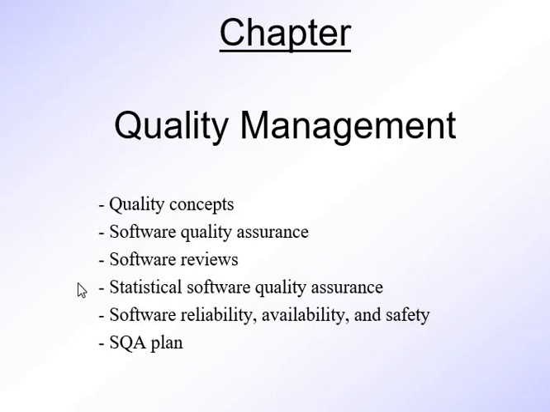The second phase was the modeling, like software designing. We have gone through the architecture design, component level design, user interface design, the different kinds of designing we have seen, right?